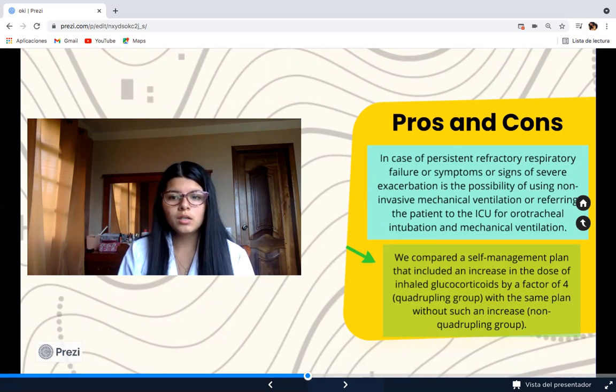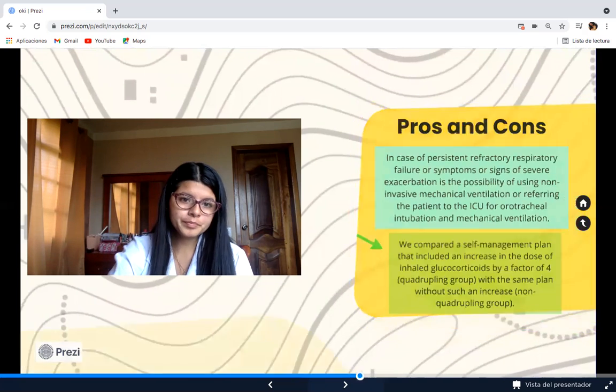Cons. We compared a self-management plan that included an increase in the dose of inhaled glucocorticoids by a factor of 4, the quadrupling group, with the same plan without such an increase, the non-quadrupling group.